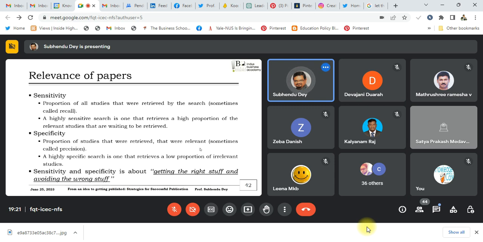Even if your specificity is low, it doesn't matter as long as you've got the right stuff. Now, something which I wrote here: a highly specific search is one that retrieves a lower proportion of irrelevant studies. So if you can get very few irrelevant studies, that's important for you. That increases the relevance of the papers.